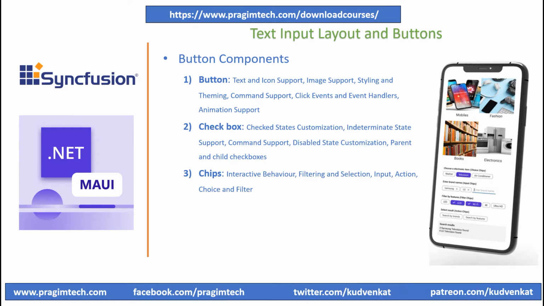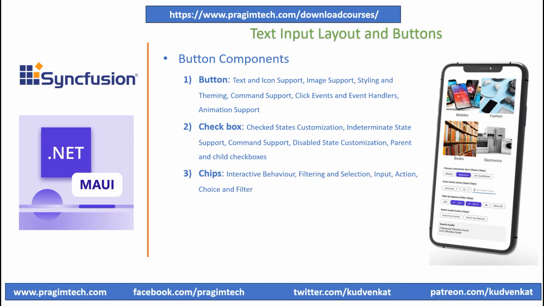Chips is a feature-rich control that presents information in an interactive and customizable layout. It arranges multiple chips in a layout and groups them to make selection easy. Chips can be interactive elements, allowing users to interact with them, such as selecting or deselecting them depending on the specific use case.